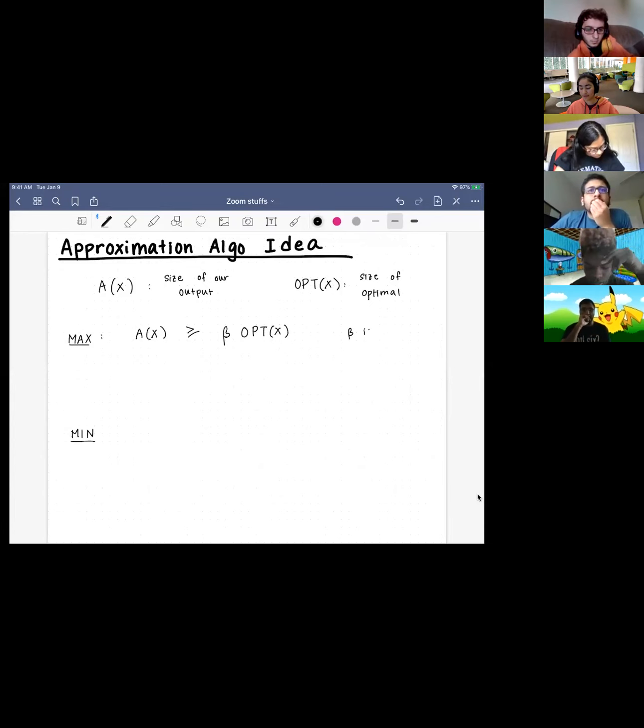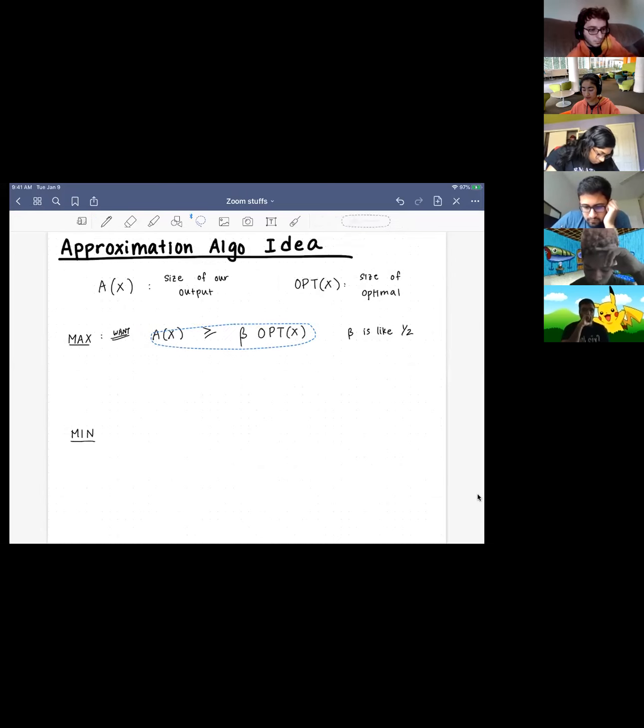I think it helps to picture what it looks like. Beta is something like 1/2, 1/3, 1/5, 0.75, something like that, where you're greater than a smaller amount of the optimum. And this is what you want to show, that you are greater than some amount of the optimum. But how exactly do you go about showing it?